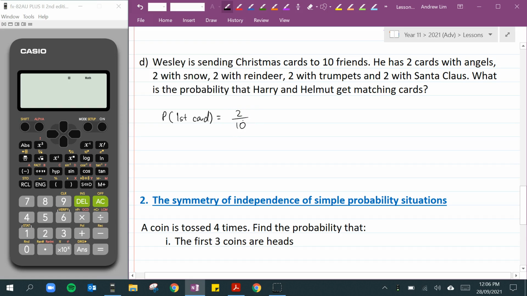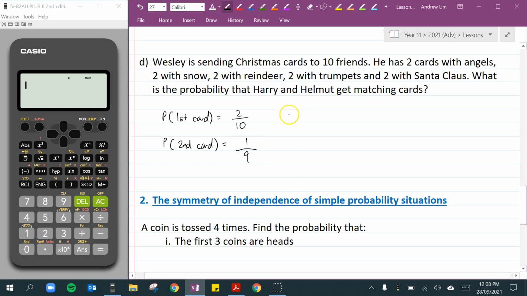Okay, so out of 10 cards, 2 of them match for all of them. For the second card to match, because we've already taken 1 card, there's only 9 cards left to choose from, and only 1 of them matches.